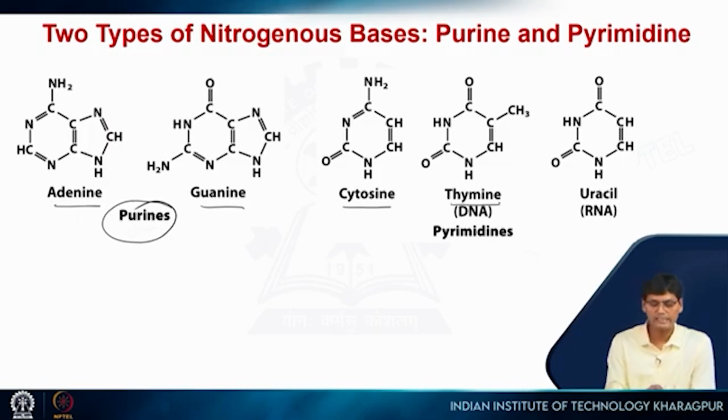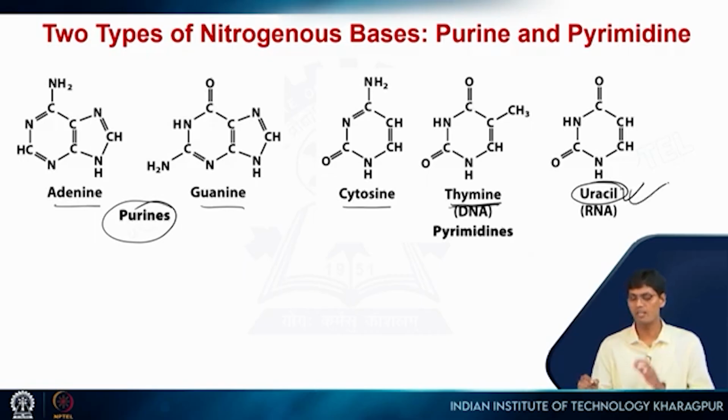So adenine, guanine, cytosine and thymine, all these four nitrogenous bases are present in DNA. Pyrimidines are smaller compared to the purines. But in the case of RNA, we have uracil instead of thymine. The structures are more or less similar, only the CH3 is missing in uracil, that's all.